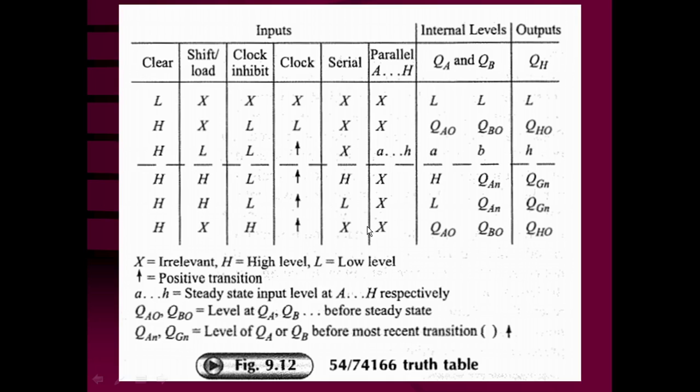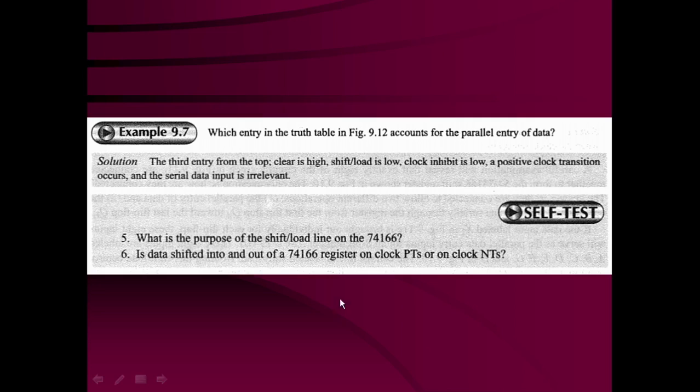So the flip-flops are not responding to the serial entry of the data or to the parallel entry of the data, and all the flip-flops hold their previous values. That means they remain in the previous state or the last state. No change of the data will be there. That way you can understand the truth table of the 74166 IC.